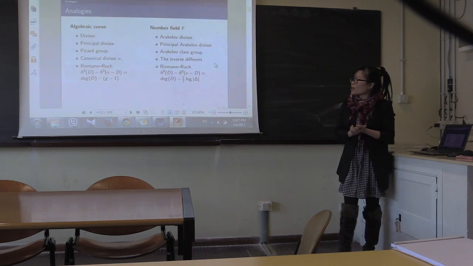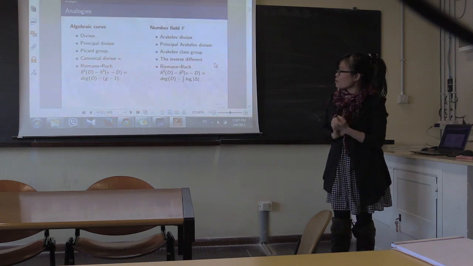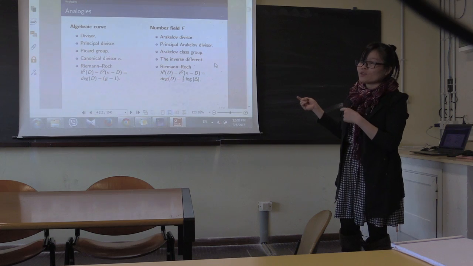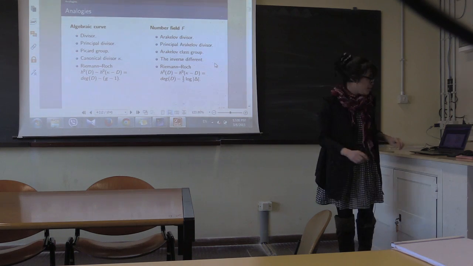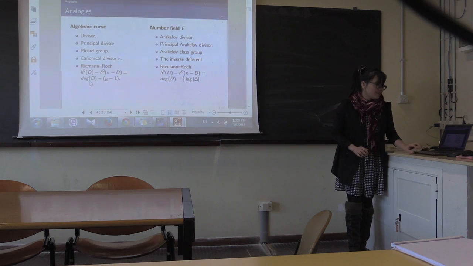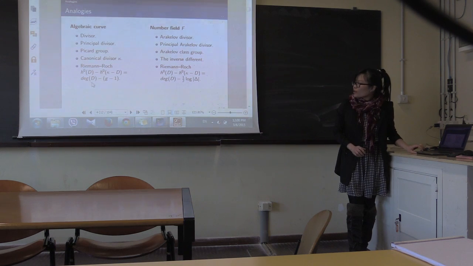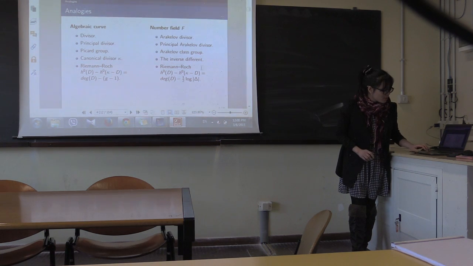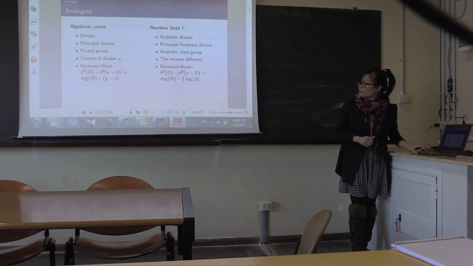And specifically, you have the Riemann-Roch theorem about the relation between the dimension of the Riemann-Roch space, which I denote by H0(D) here, and the degree of the divisor, with g here, the genus of the curve. Then similarly, we have the Riemann-Roch theorem for a number field like this.